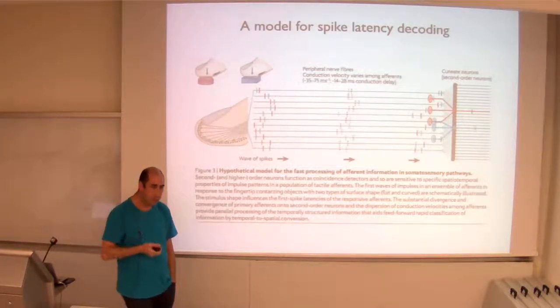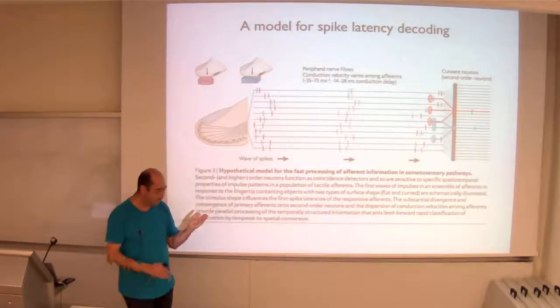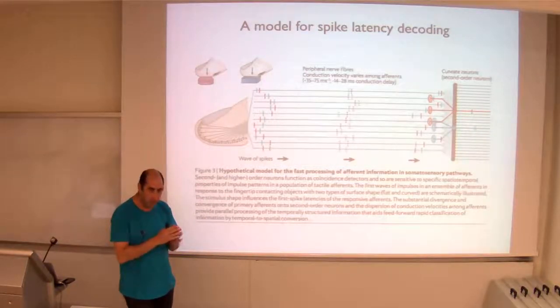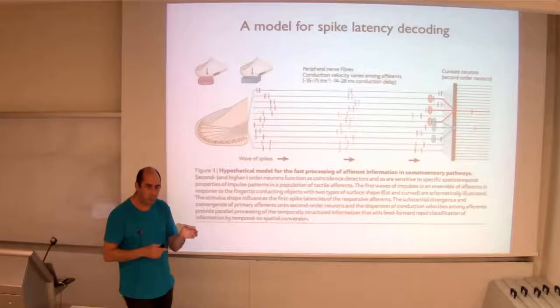In olfaction, for example, you have the same problem. You don't really have access to what you actually perceive as the basic elements. But it makes sense that, and I'll show you some examples, you're sensitive to gratings, to spatial frequencies.